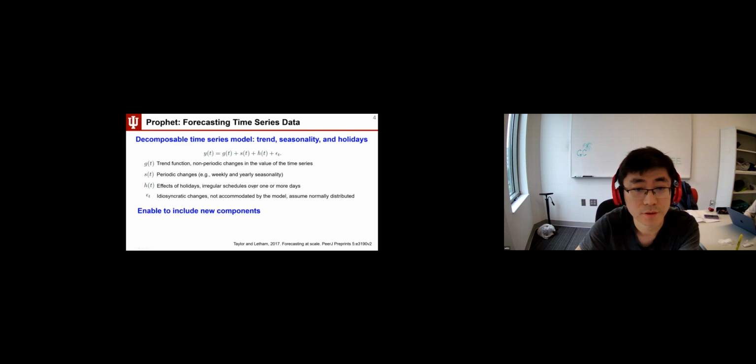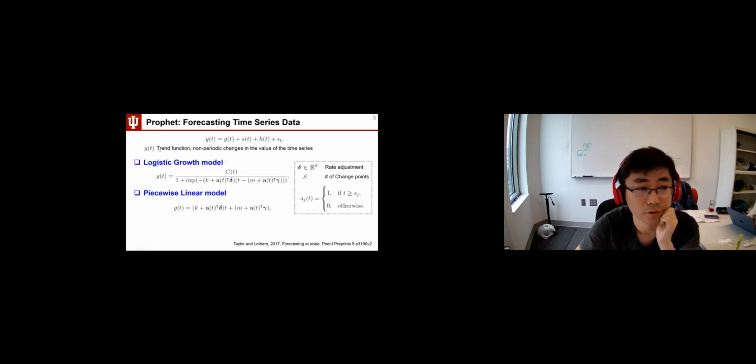So for the trend function, it represents non-periodic change in the value of the time series, and has two different growth models. The first one is the logistic growth model.